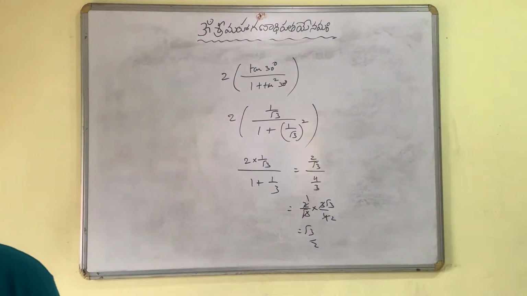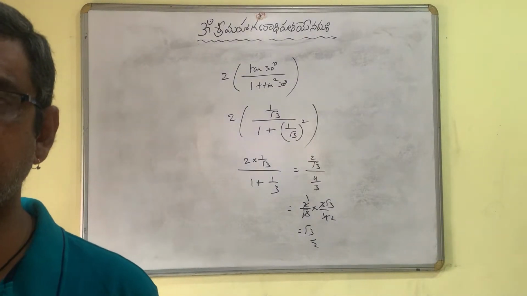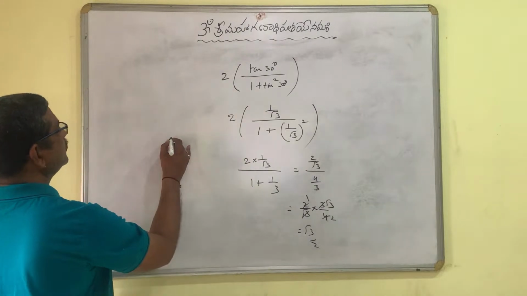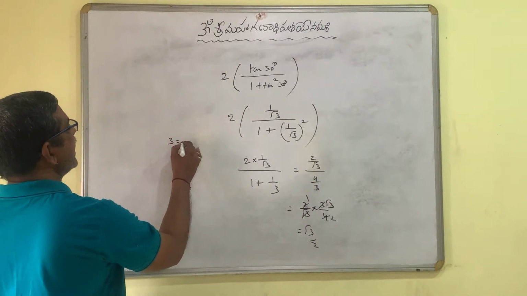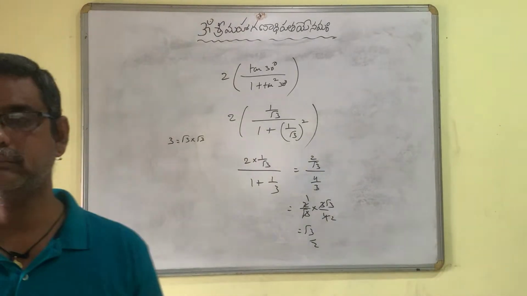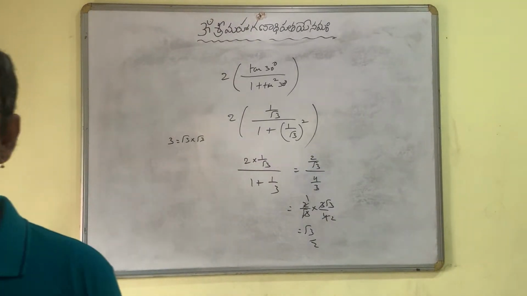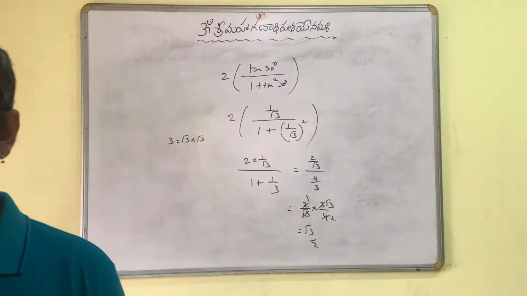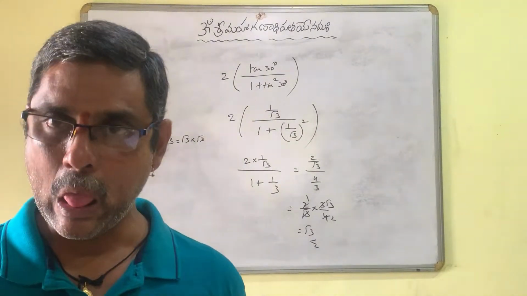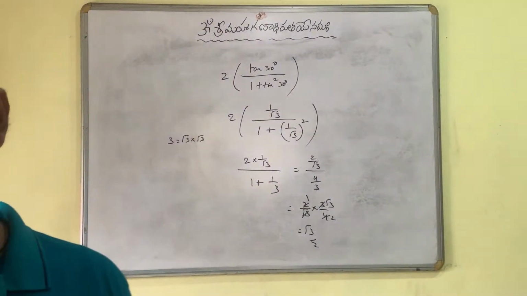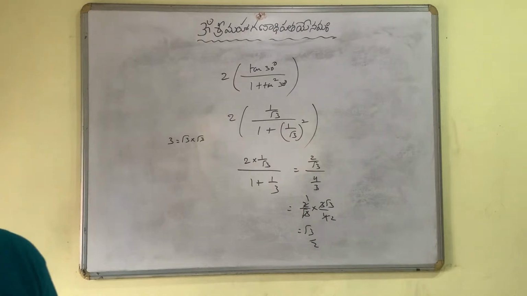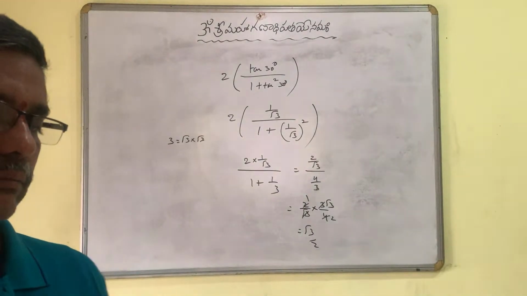See, everyone should know that we can write 3 as root 3 into root 3. So that was the key in this problem. So we got root 3 by 2.